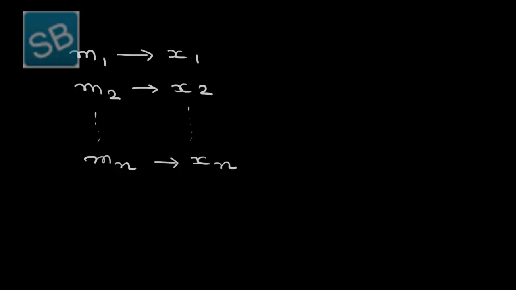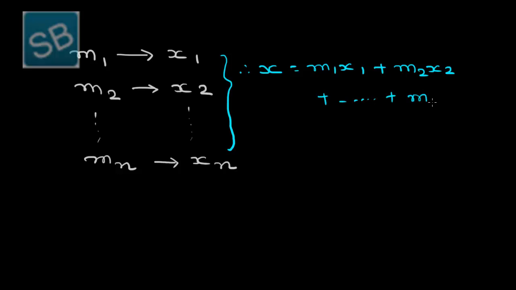So, the center of mass for this particular system, therefore, x is equals to m1x1 plus m2x2 plus so and so mnxn divided by the total mass. So m1 plus m2 plus so and so plus mn.